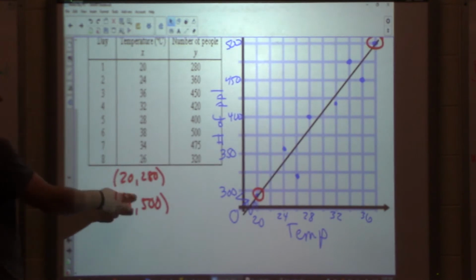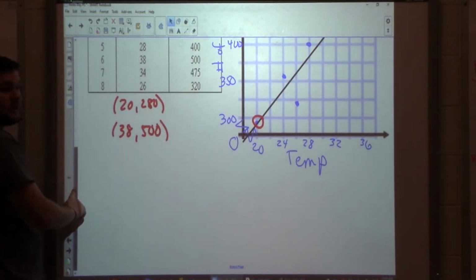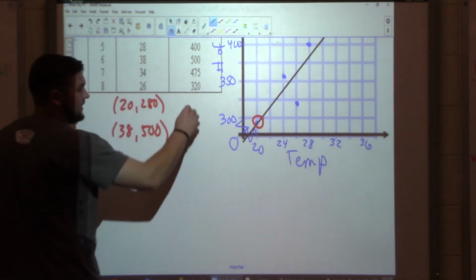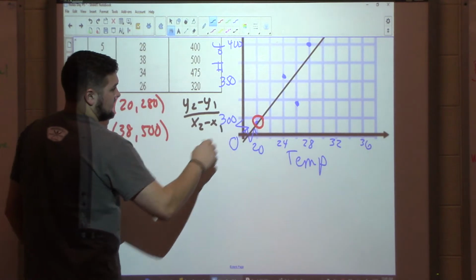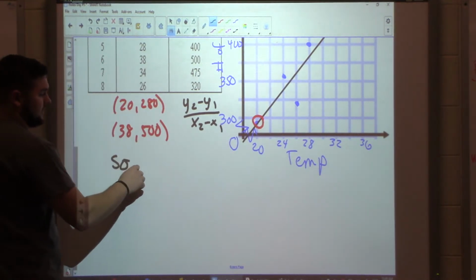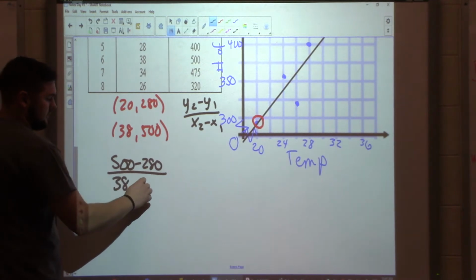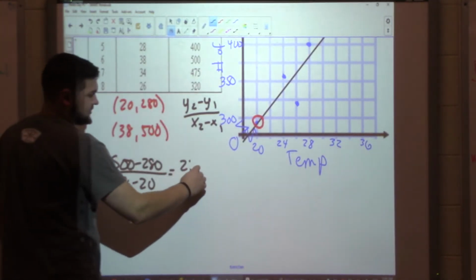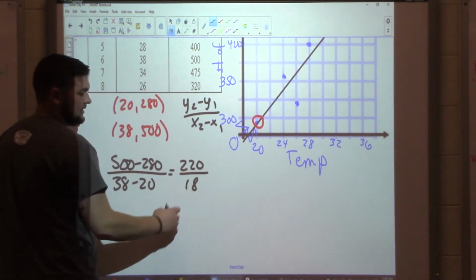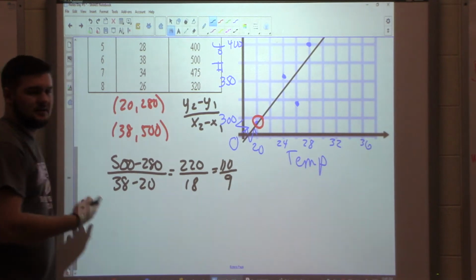Can we find our slope using 2 points? Yeah, y2 minus y1 over x2 minus x1. Right, our slope formula. 500 minus 280 over 38 minus 20 equals 220 over 18, which is 110 over 9.